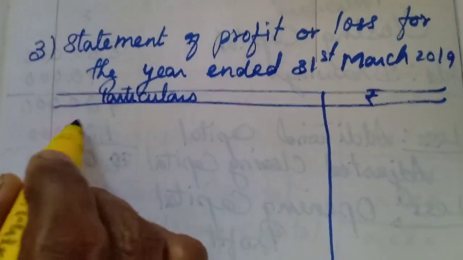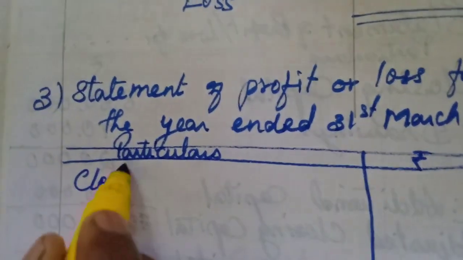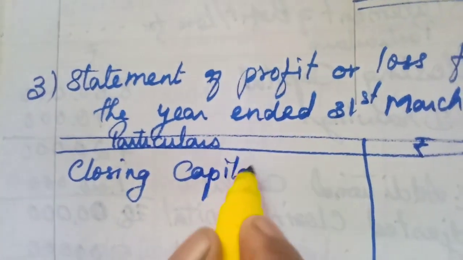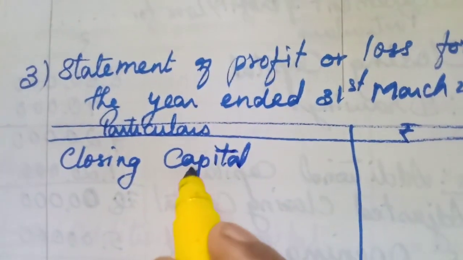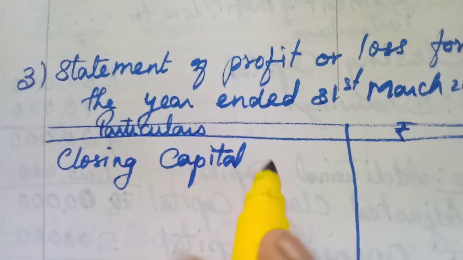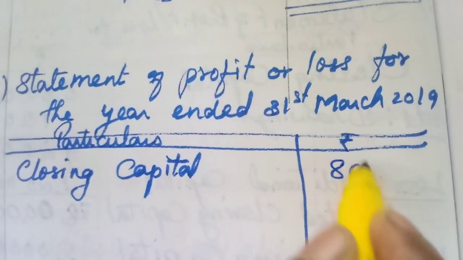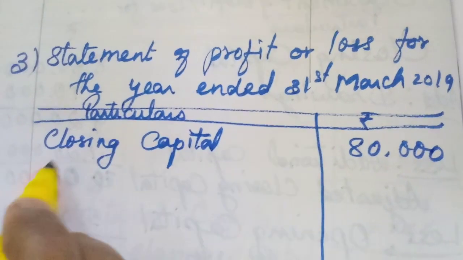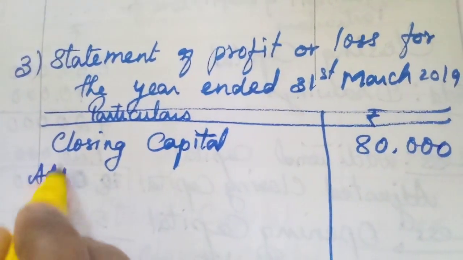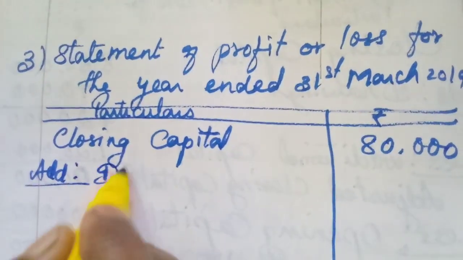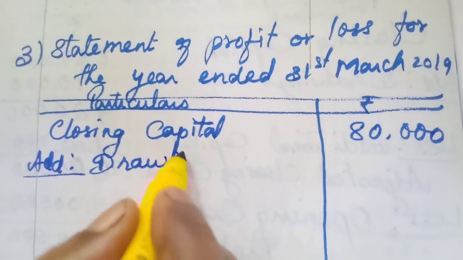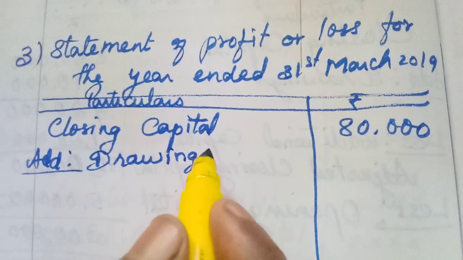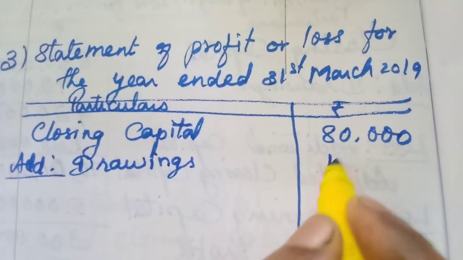First you have to write closing capital. Closing capital they have given us 80,000. Add drawings, 15,000.